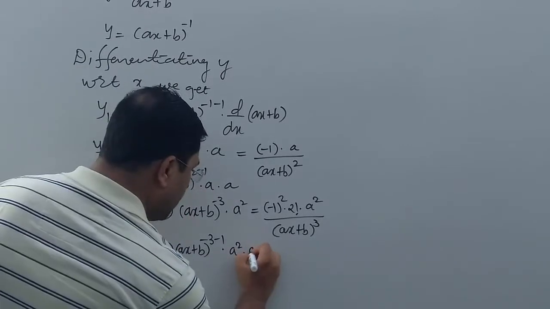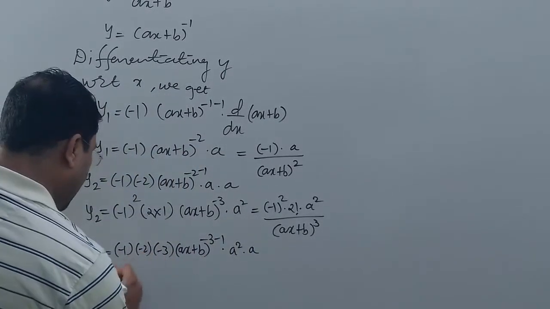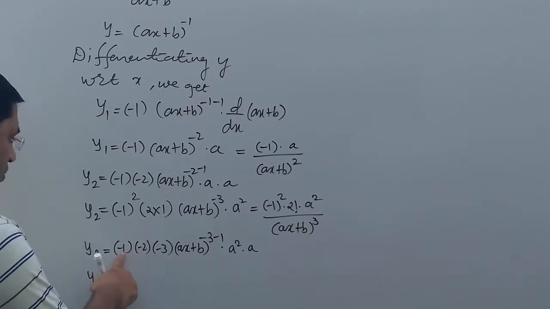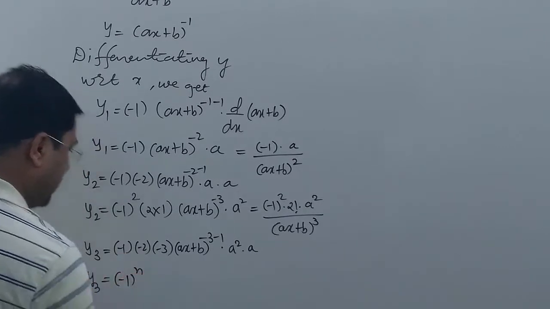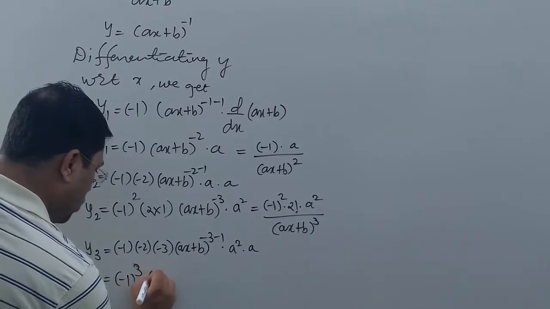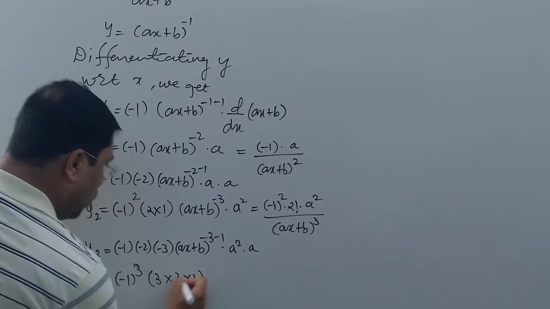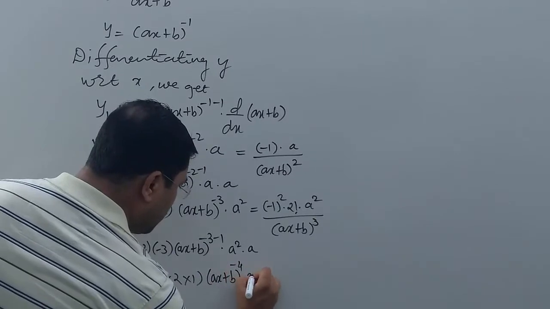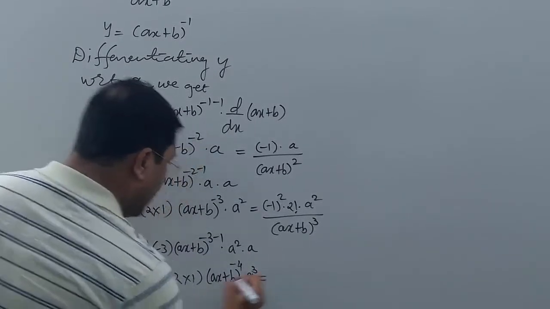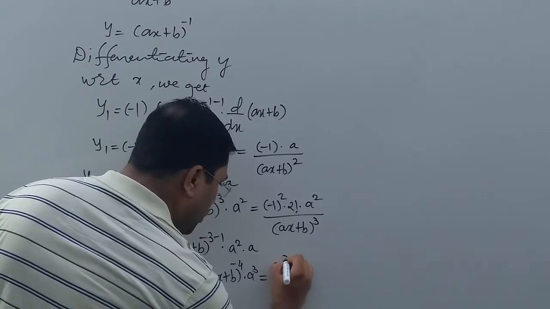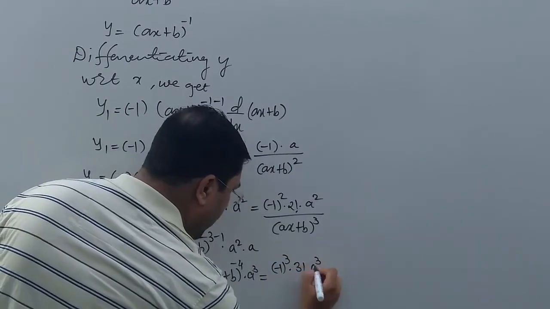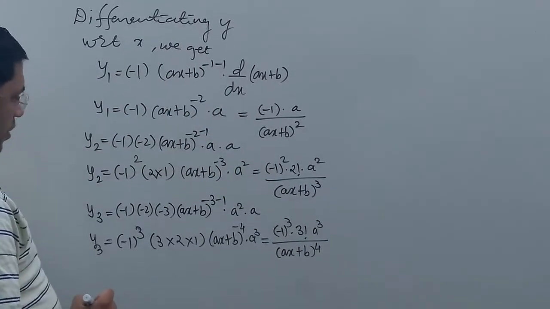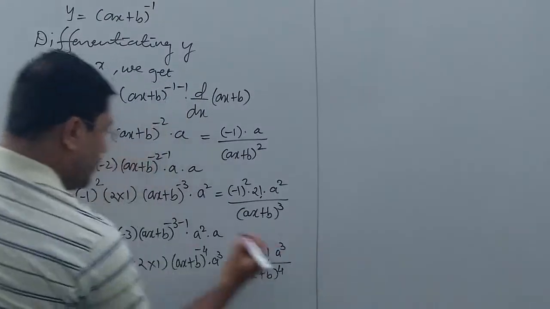Again the derivative of the inner term gives a. Simplifying, y3 is equal to minus 1 cubed into 3 into 2 into 1, (ax plus b) raised to minus 4 into a cubed. We can write this as minus 1 cubed into 3 factorial into a cubed upon (ax plus b) raised to 4.